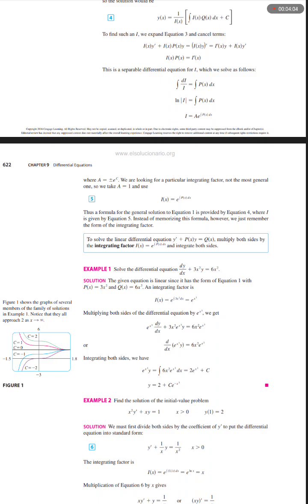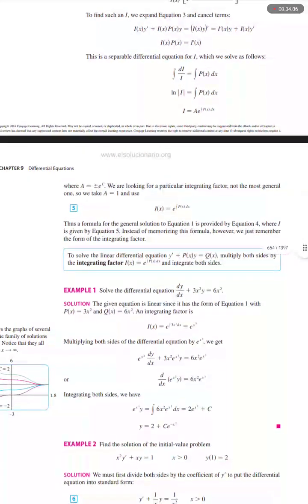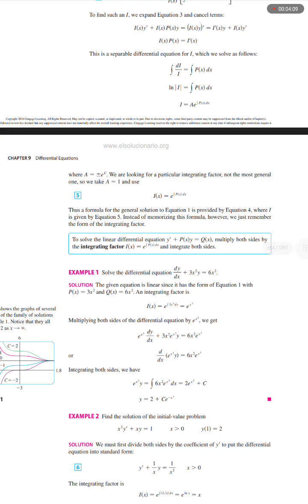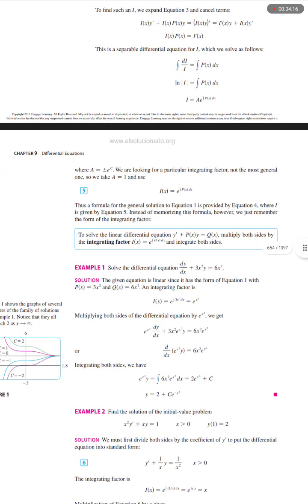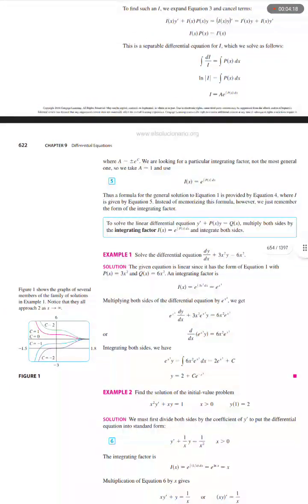I equals A times e to the power of the integral of P(x) dx, where A is equal to plus or minus e to the power C. We are looking for a particular integrating factor, not the most general one. So we take A equals 1 and use I(x) equals e to the power of the integral of P(x) dx.